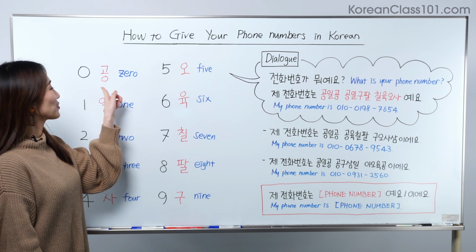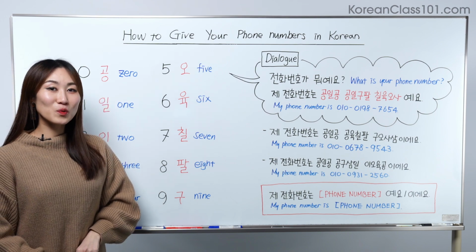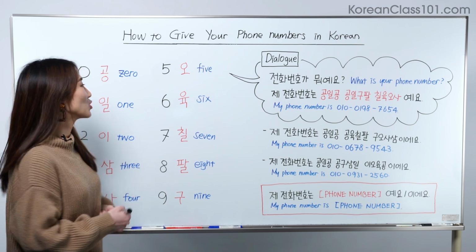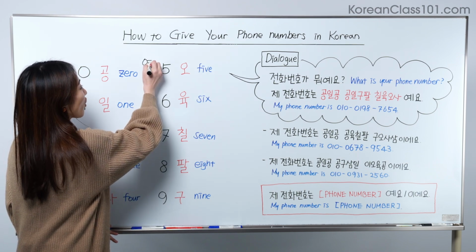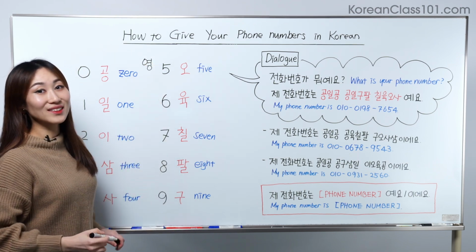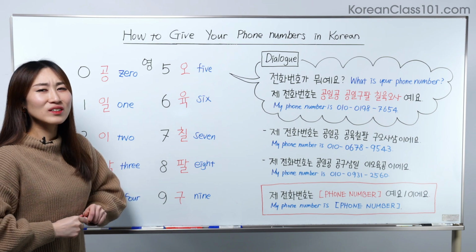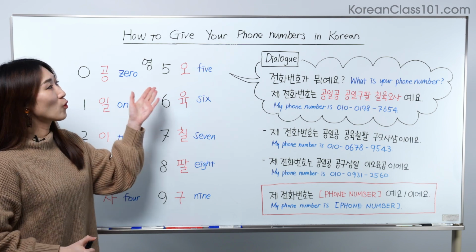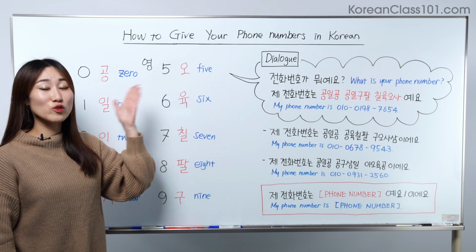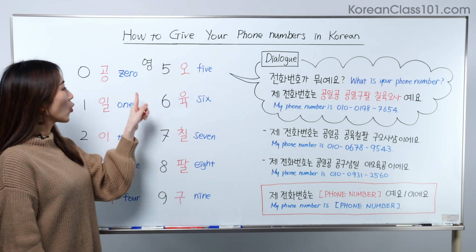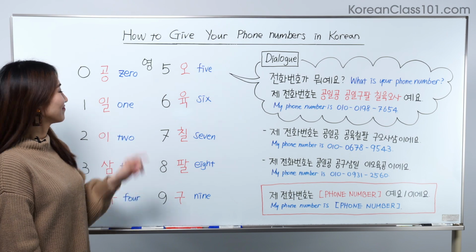So it's 공. There is another way to say 0 in Korean, which is 영. But 영 is not often used for phone numbers. So when you give a phone number, please remember 공.